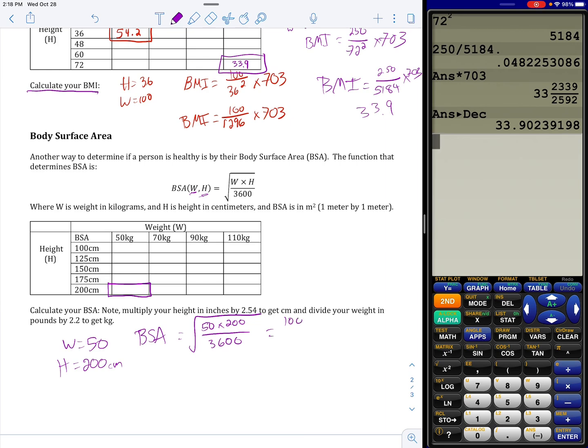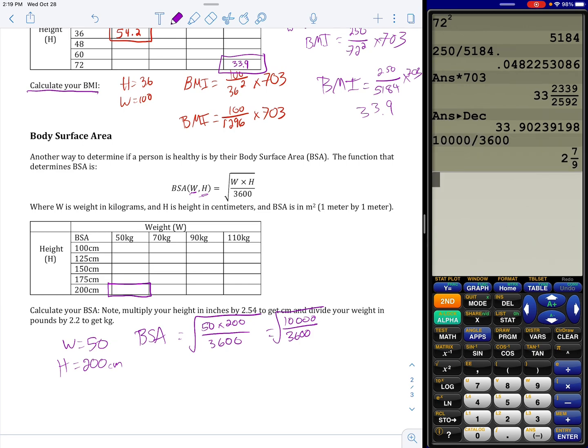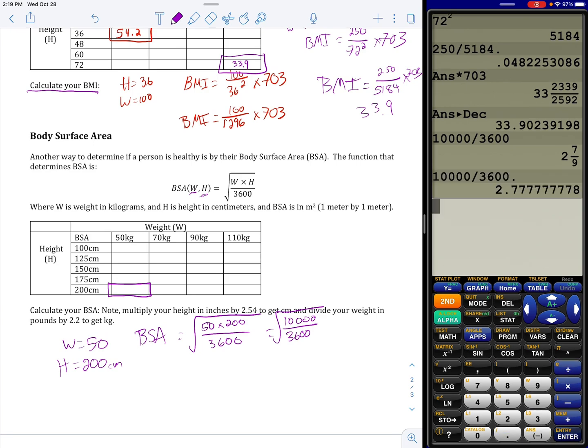So I can do that one. I have 10,000 divided by 3600, square root. So 10,000 divided by 3600, I get 2.777 repeating. Square root of 2.778.